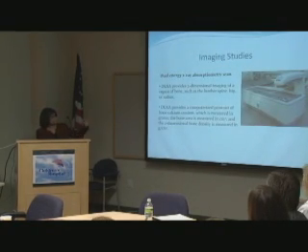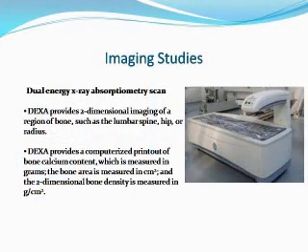This is what the DEXA machine looks like, and it provides a two-dimensional image of a region of a bone. The major bones assessed are the lumbar spine, hip, and radius. DEXA provides a computerized printout of the bone calcium content, measured in grams, and the bone area, measured in centimeters squared, and the two-dimensional bone density is measured as grams per centimeter squared.